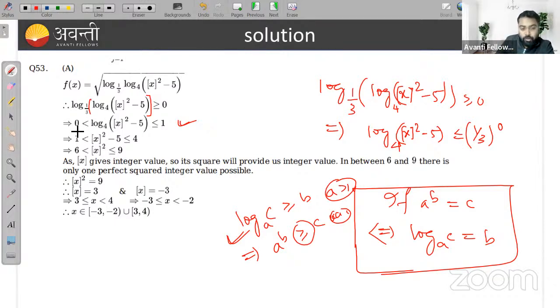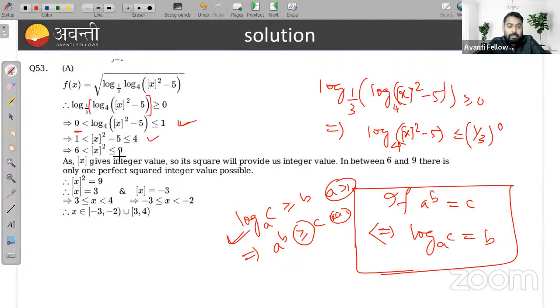This 4 goes to the left side of the inequality and the right side of the inequality also. The left side becomes 4 raised to 0, the right side becomes 4 raised to 1. And because 4 is greater than 1, the sign of the inequality will not be changed. That means box x square minus 5 is greater than 4 raised to 0, that is 1, and less than or equal to 4 raised to 1, that is 4.